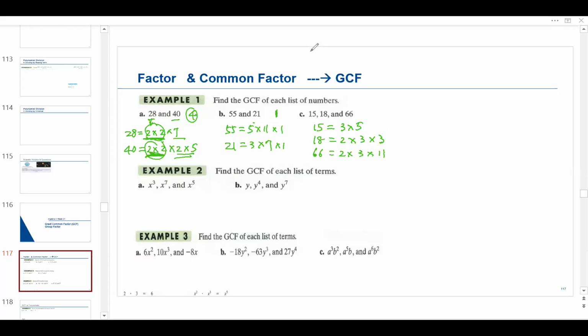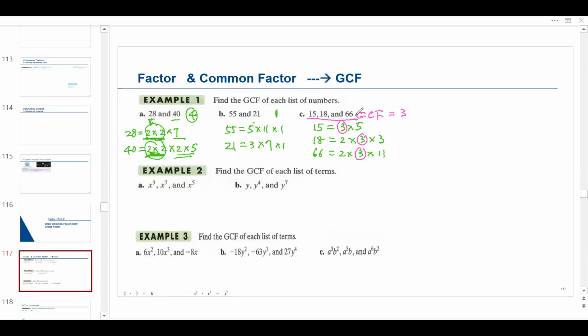So what's the common part? The common part is 3, right? They all have 3. Other than that, they have no common part. So their GCF, the greatest common factor, is 3 for these 3 numbers.